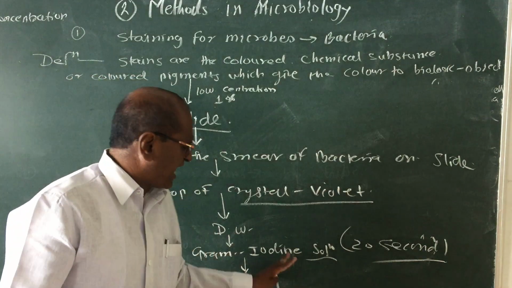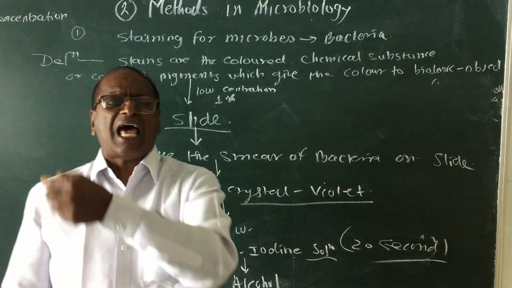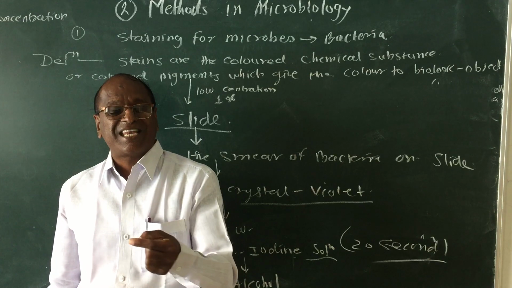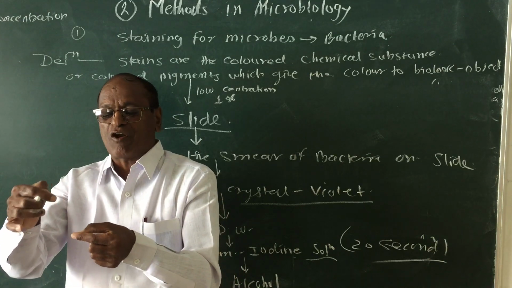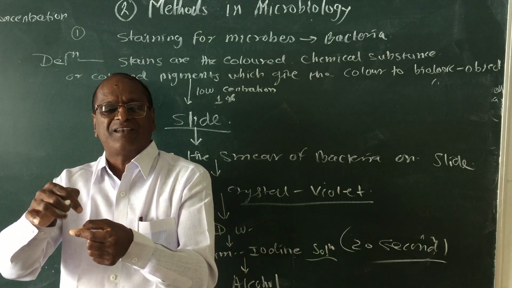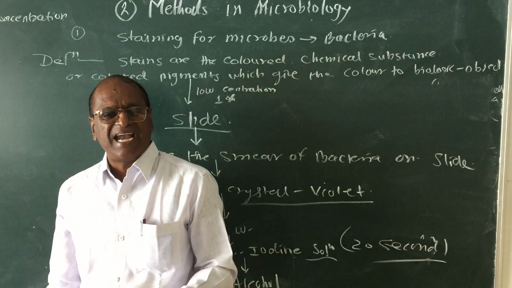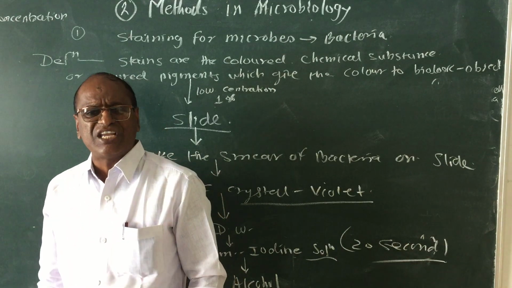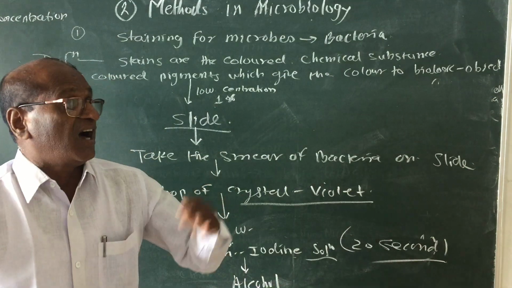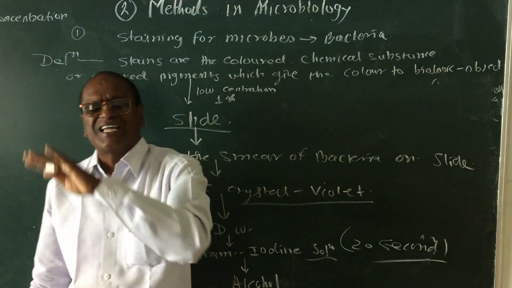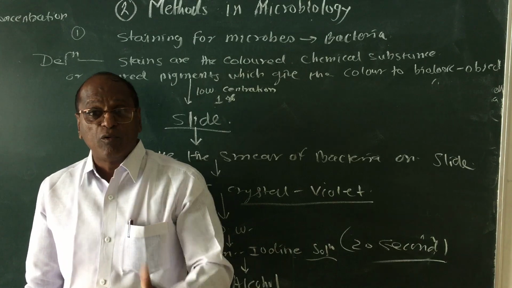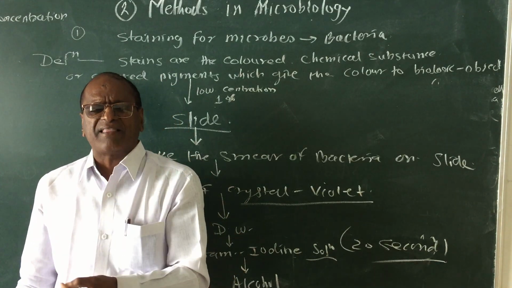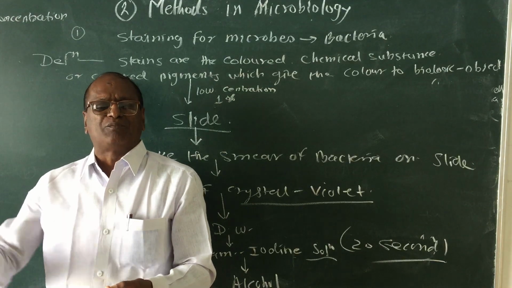In the next stage, the same slide may be stained with safranin. One drop of safranin may be taken on this slide. Immediately wash with distilled water and then again observe under the light microscope, and we will see that in some bacteria there is no change of color.